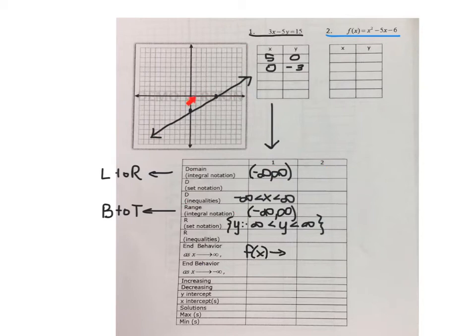Well, as x is going to +infinity, this function is going to +infinity as well. So f of x is approaching +infinity. We have two end behaviors because x can approach positive, but x can approach negative. So as x approaches -infinity, my function is also approaching -infinity. Where is it increasing? It is increasing from the bottom to the top.